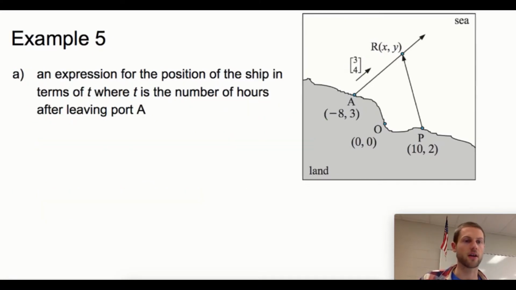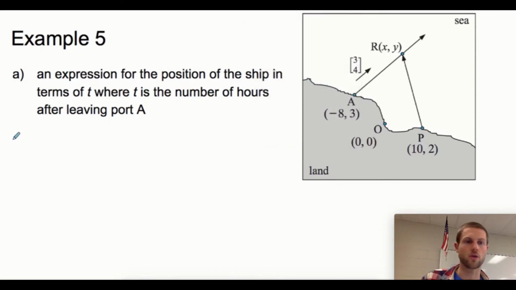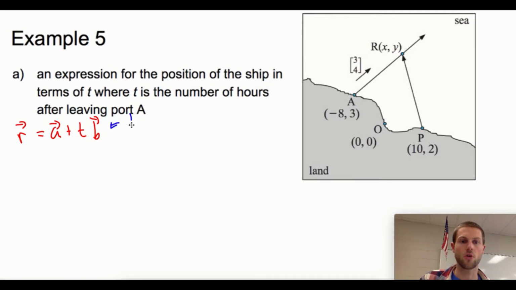So let's attack letter A first. The general form of my vector equation is going to be R equals A plus time t times the velocity vector B. For this velocity vector, we have a direction and magnitude.